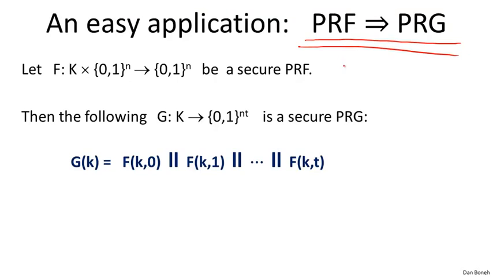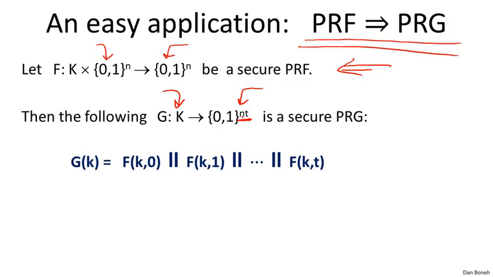Let's assume we have a pseudorandom function that goes from n bits to n bits. And then let's define the following generator. Its seed space is going to be the key space for the PRF, and its output space is going to be t blocks of n bits each. So the output is a total of n times t bits for some parameter t that we can choose.